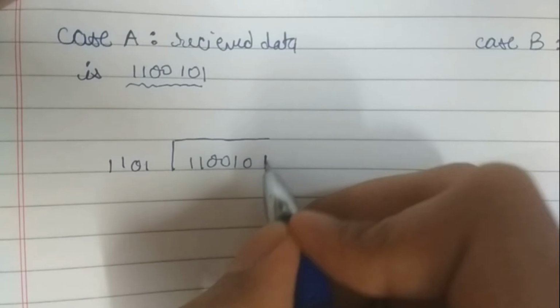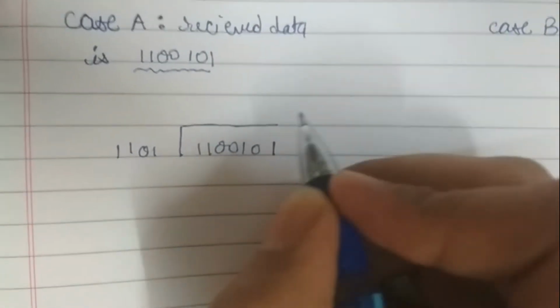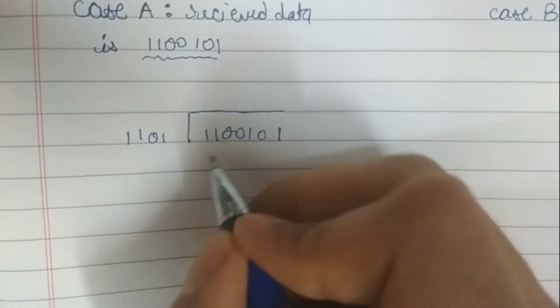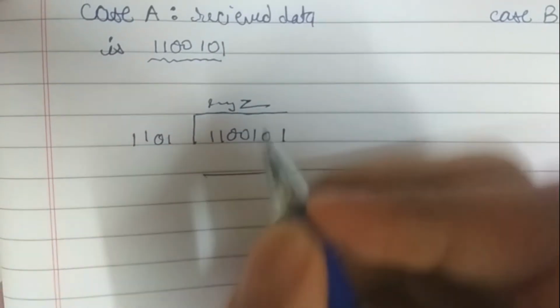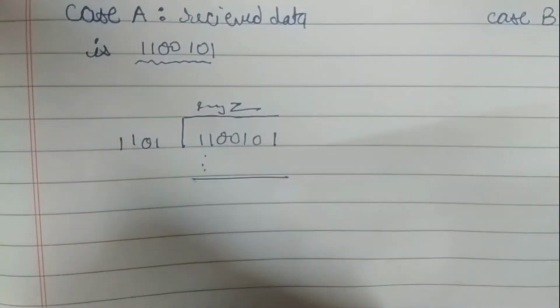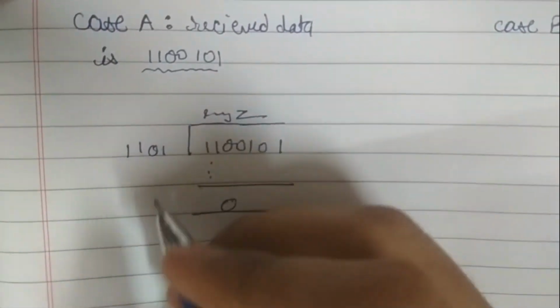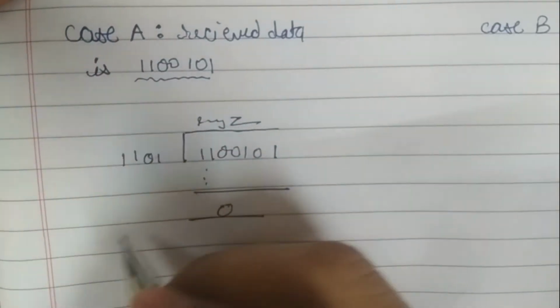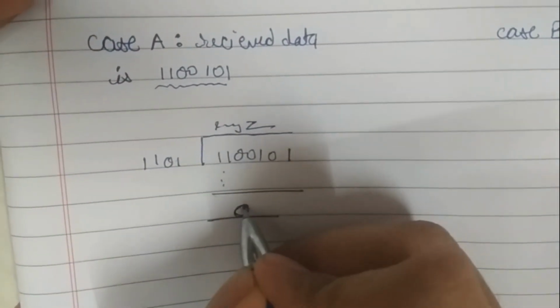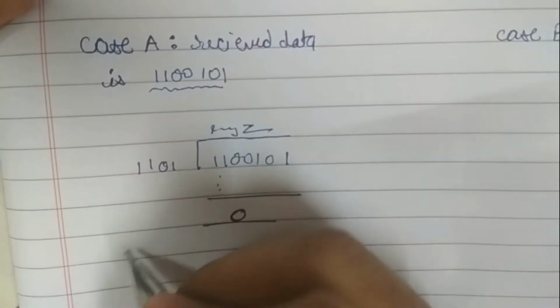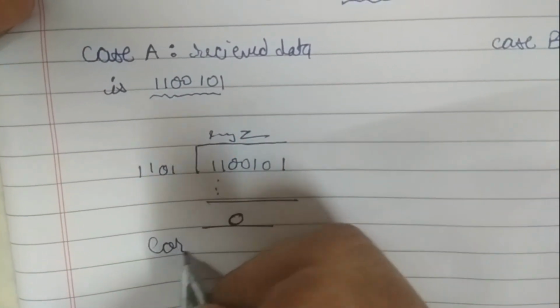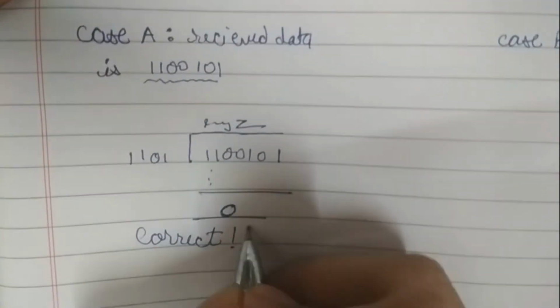If we XOR it, we do the steps and will get remainder 0. As this was the correct data which we sent and we got remainder 0, the code will check: if we get remainder 0, then only can we say that the data received was correct.